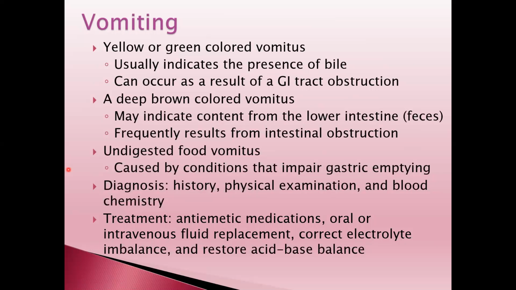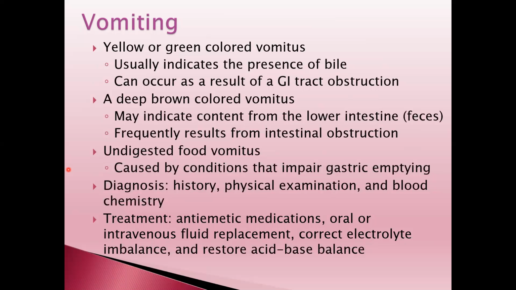If it's brown, it might be from the lower intestines or fecal material. Many times it has an odor as well, and this can indicate an intestinal obstruction. Undigested food in the vomitus is caused by conditions that impair gastric emptying.